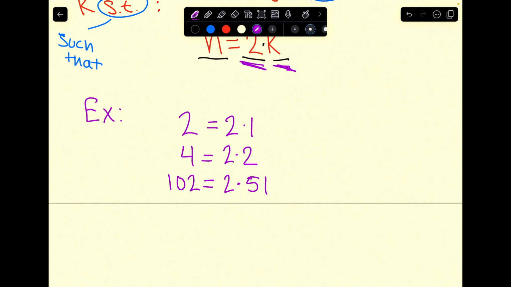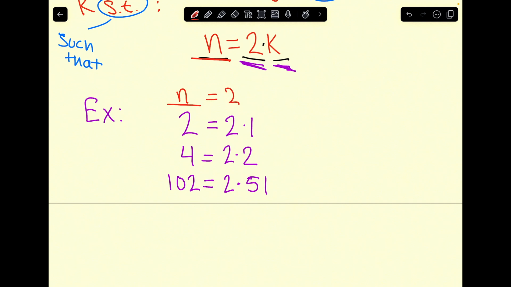Now, look at this entire pattern that we have here. According to this definition, we have n, which are even numbers or even integers, and they are rewritten as 2 times another integer.